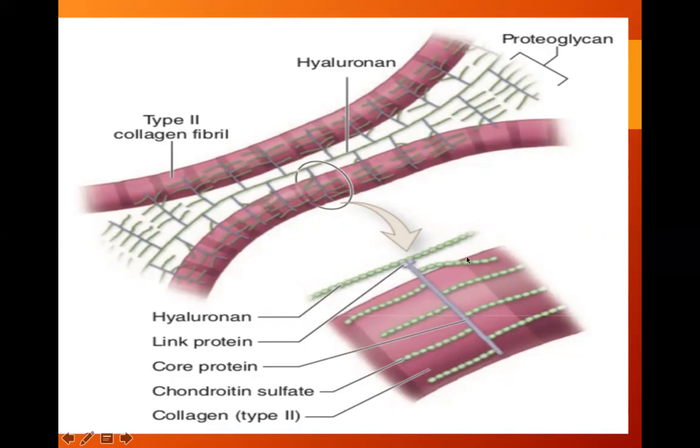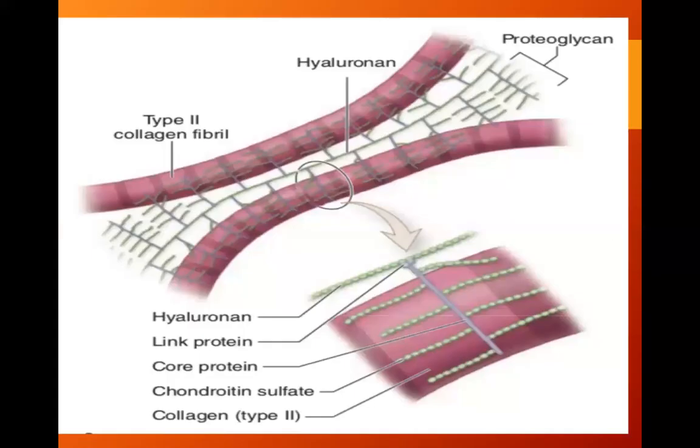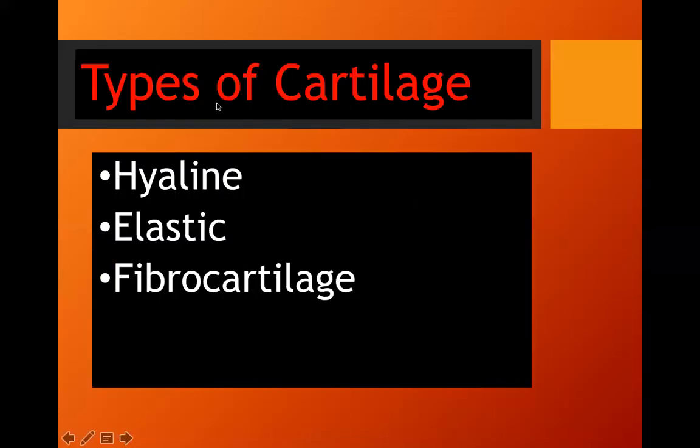If the ground substance and fibers combine, that will make up your extracellular matrix. Okay, sorry, your ground substance is made up of these GAGs or glycosaminoglycans or hyaluronan and your proteoglycan in combination with the collagen and elastic fibers that would make up your extracellular matrix. And what synthesizes and secretes that? It's the cartilage cells. Okay.